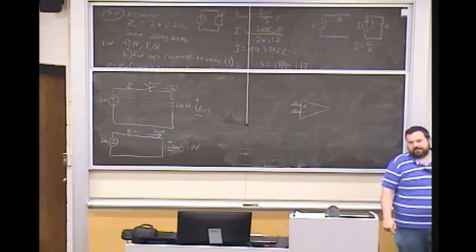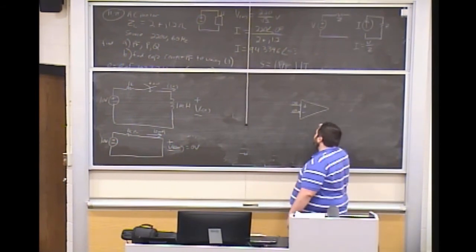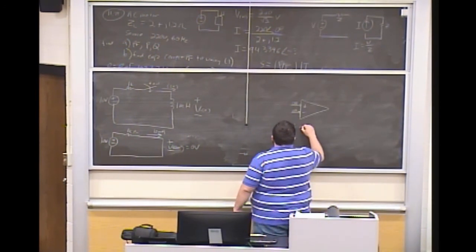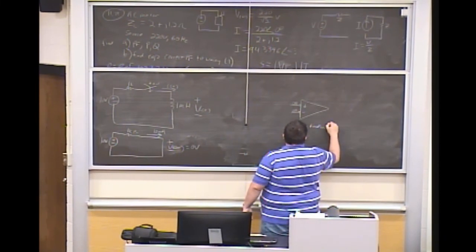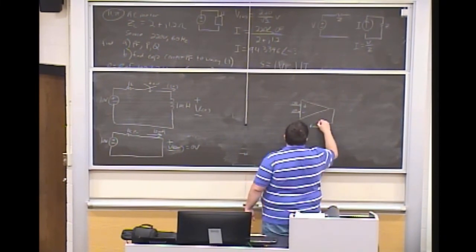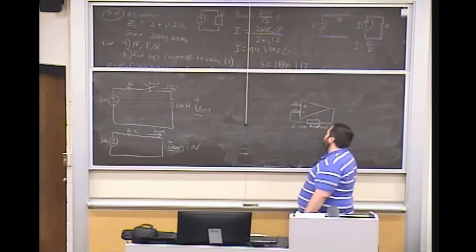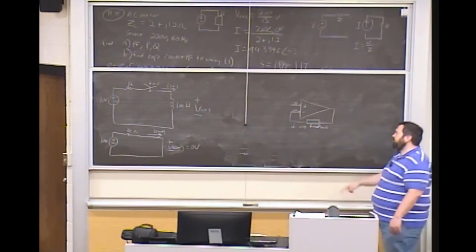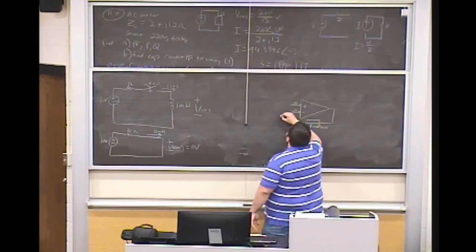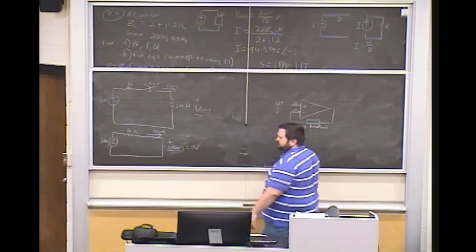The other thing is, if you have negative feedback, meaning you have something, it could be a resistor, a capacitor, or just a wire, going from your output back to your negative, inverting terminal, then V plus equals V minus.